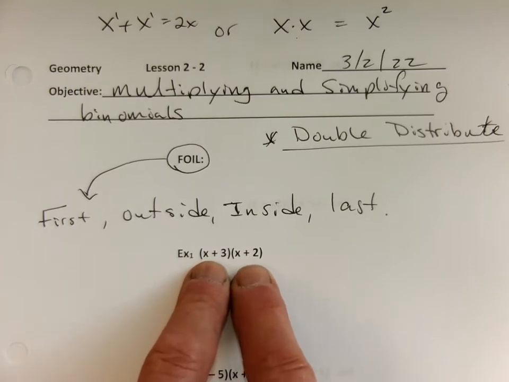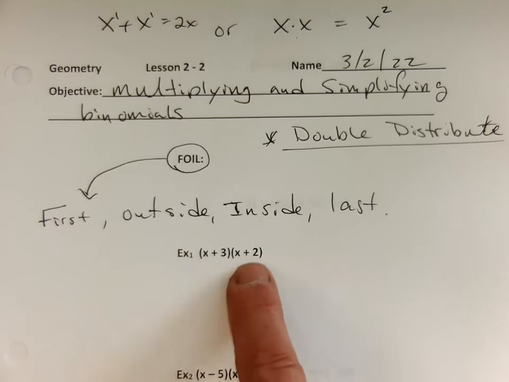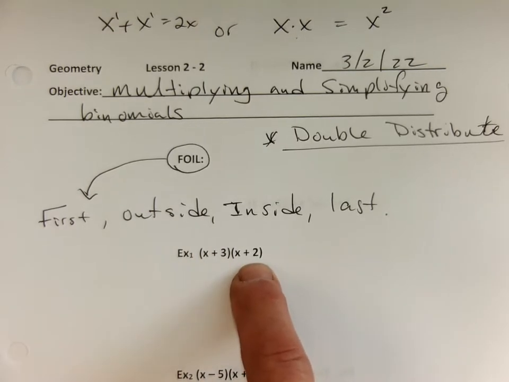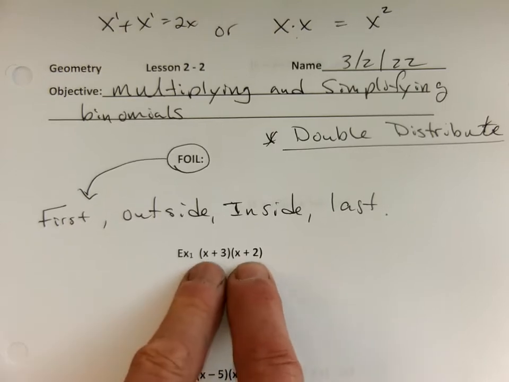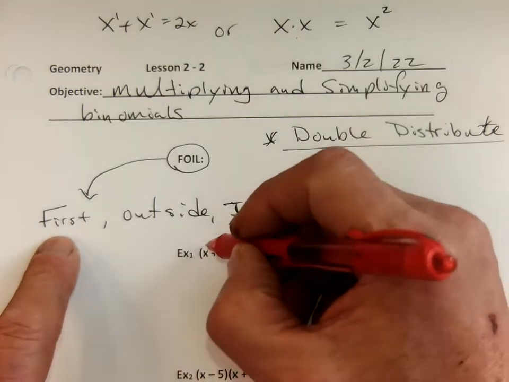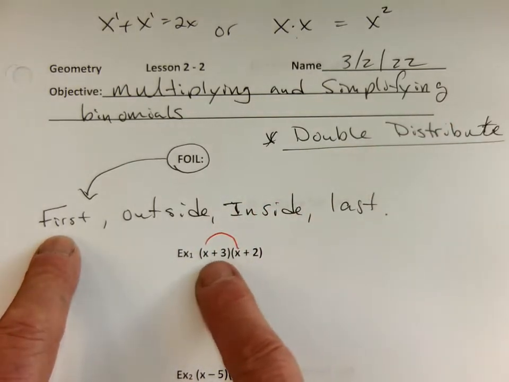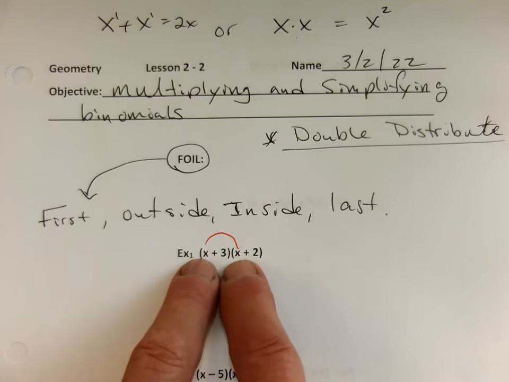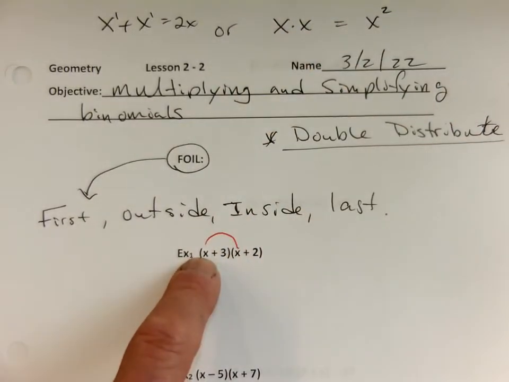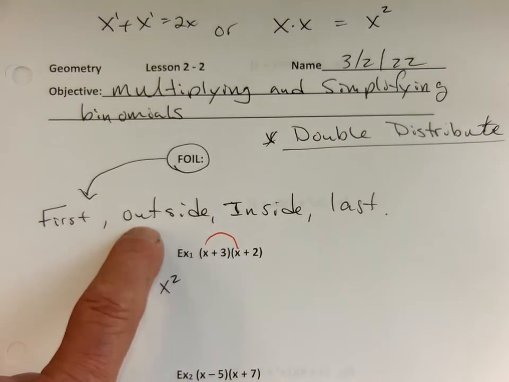I have a binomial times a binomial: 2 terms, times another binomial. Binomial x plus 3, another binomial x plus 2. When I multiply, I multiply first term to first term. What's x times x? Good, x squared.